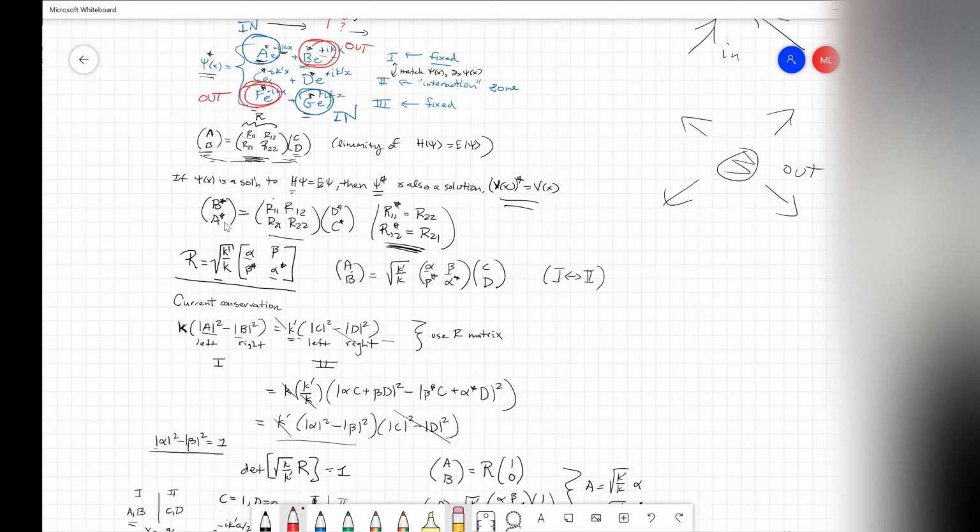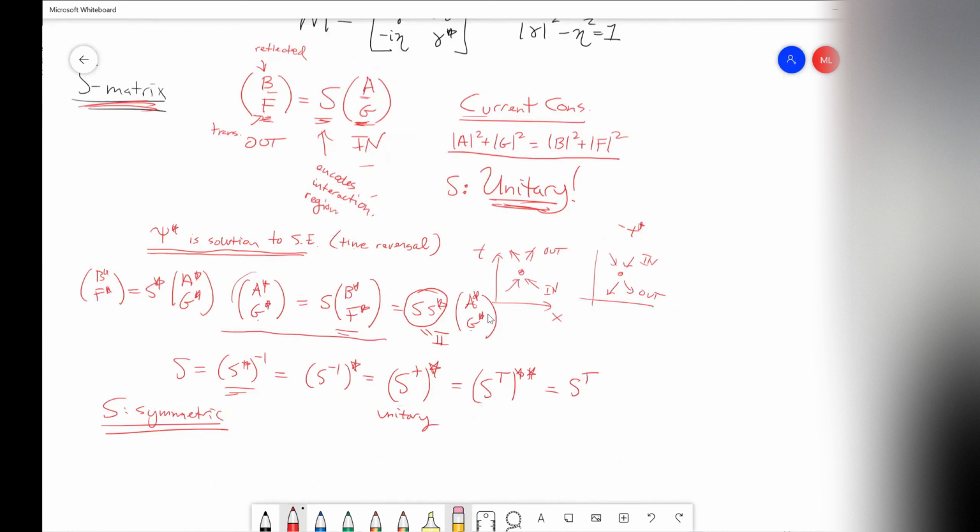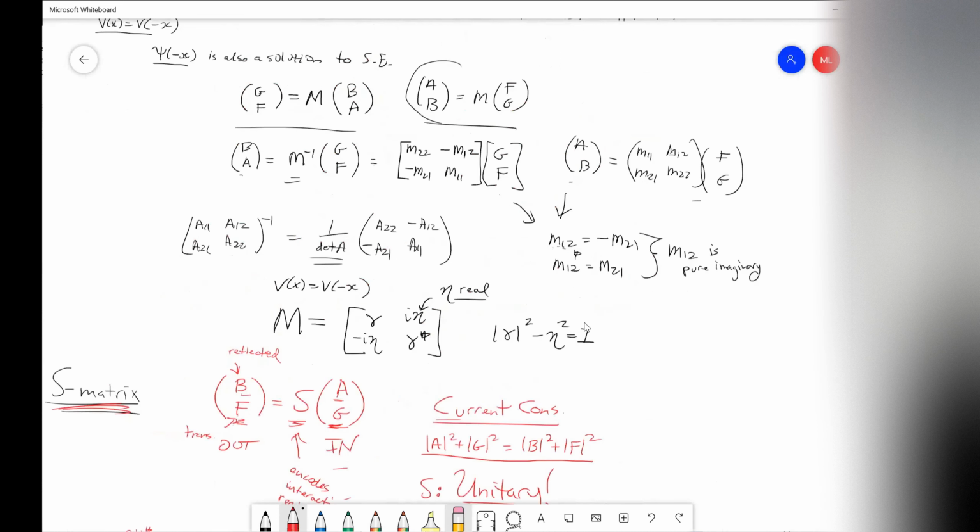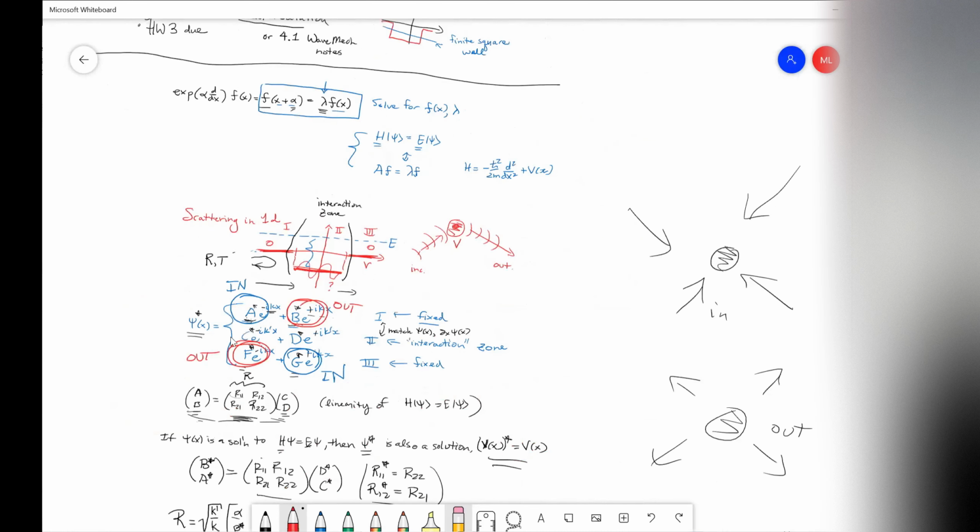The interesting thing conceptually here is that there's a unitary matrix that connects the coefficients that you're matching. You can think of it as a check. You do a scattering problem by brute force, finding all these coefficients by matching the derivatives and so on, and you get some really ugly answer, very complicated expressions.